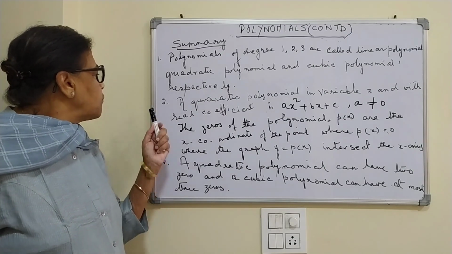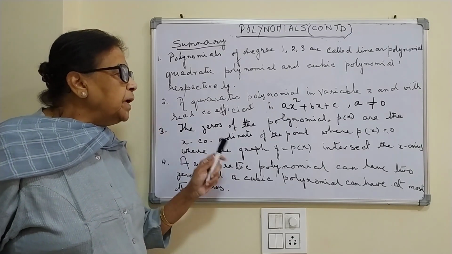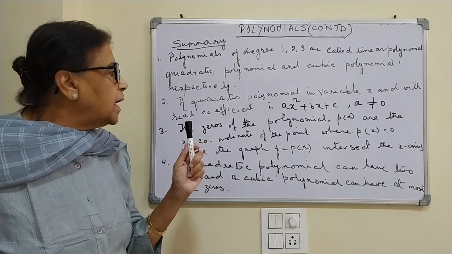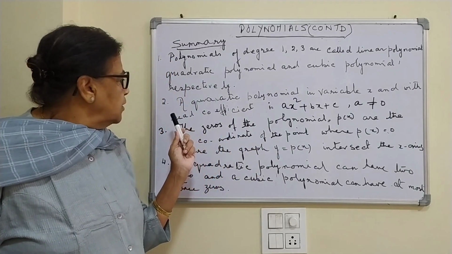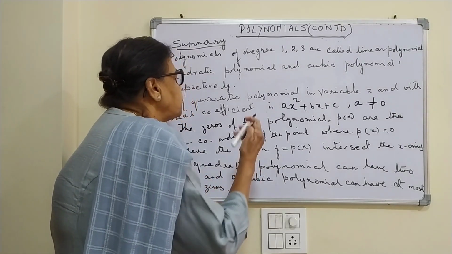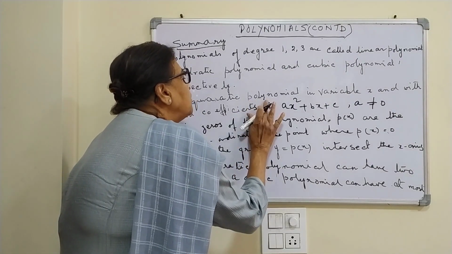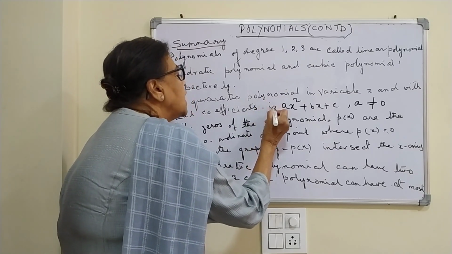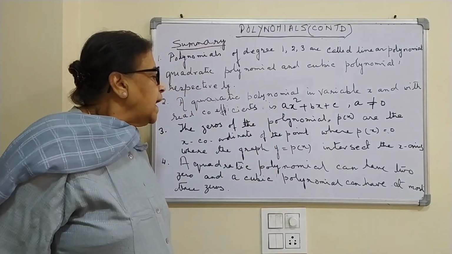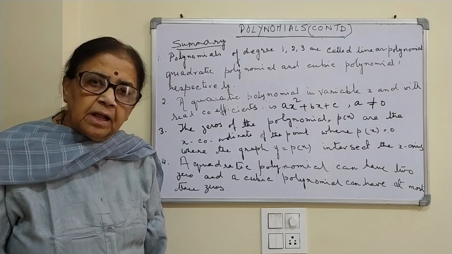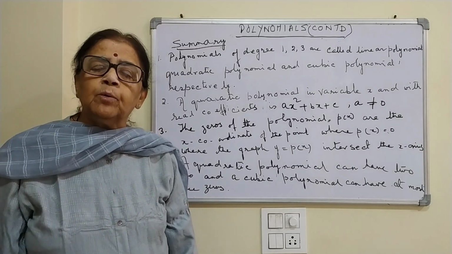Now, a quadratic polynomial with variable x and with real coefficients is ax square plus bx plus c equal to 0, where a not equal to 0.